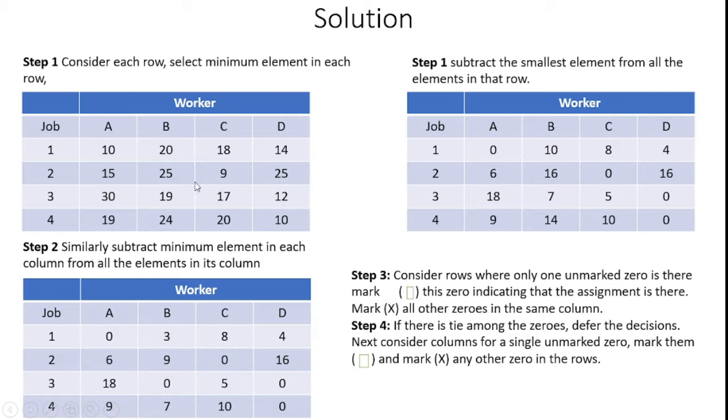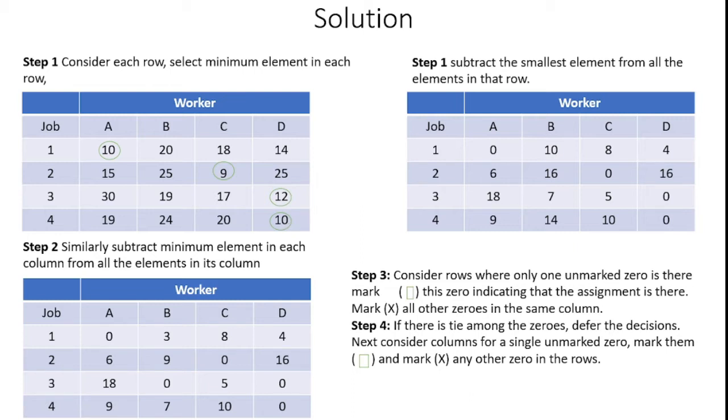In this, 9 is the minimum. So according to the first row, 10 is the minimum. According to the second row, 9 is the minimum. In the third row, 12 is the minimum, and in the fourth row, 10 is the minimum. So in the first step, I select the minimum element available in each row.